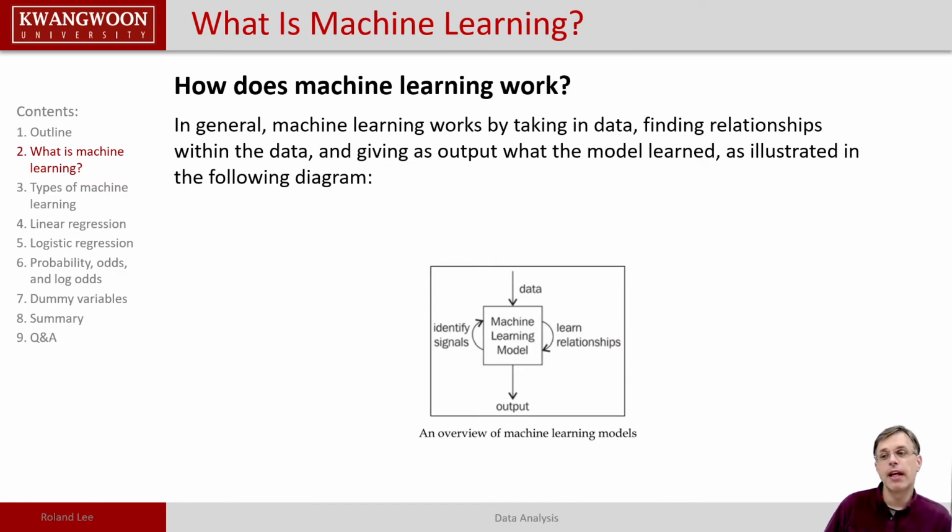Yet, in general, machine learning works by taking in data, finding relationships within the data, and then giving as output what the model learned, as illustrated here also by this diagram. Now, we can explore different types of machine learning models, and we will see how they manipulate data differently and come up with different outputs for different applications.